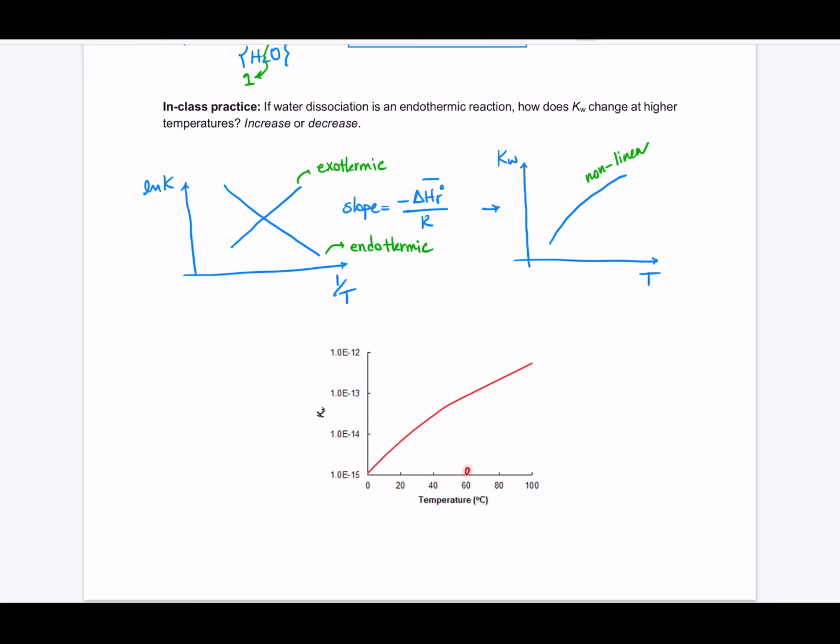At a higher temperature, for example 60, it's roughly 10 to the minus 13. This means the pH of neutral water, if it's 7 at 25, is a different value at higher temperature. It decreases at higher temperatures.